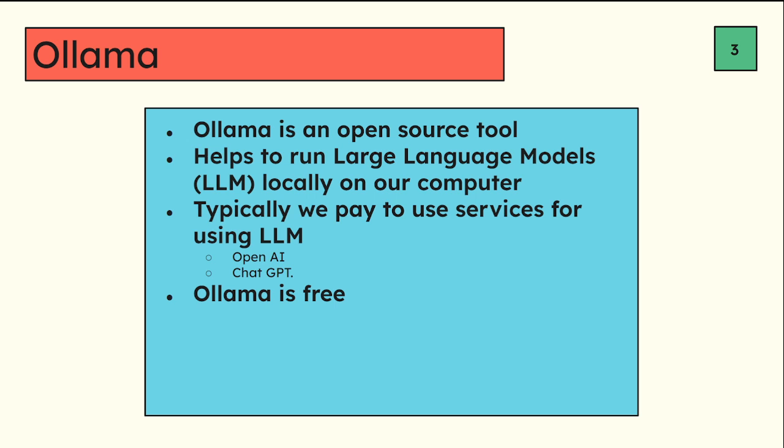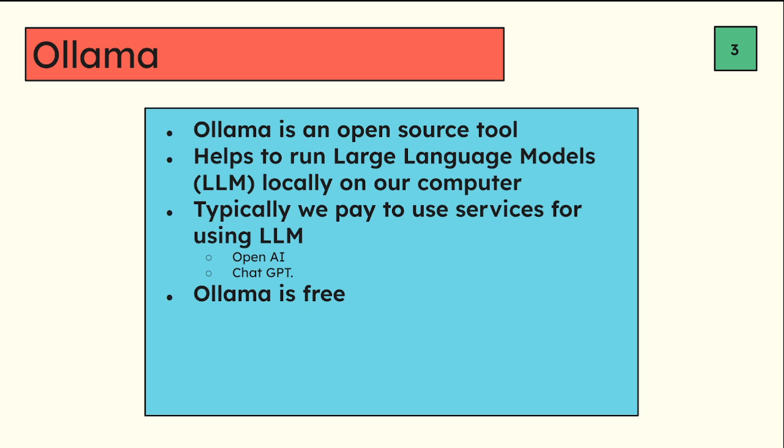Typically, we pay to use services for using LLM. For example, OpenAI is a company that provides an app called ChatGPT with which we can provide some prompt and we get some response. So ChatGPT is a mobile application where we can provide some prompts and get the response.